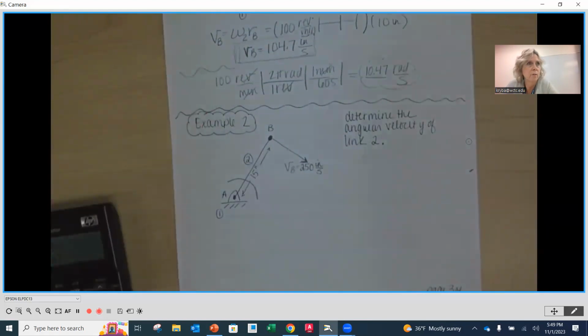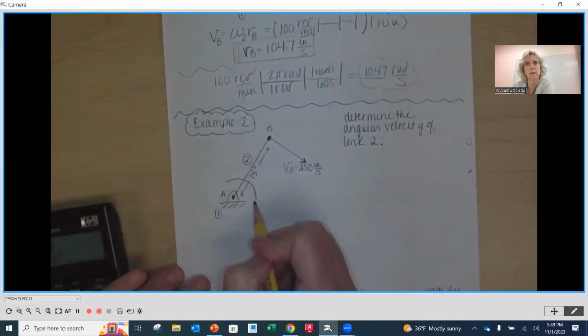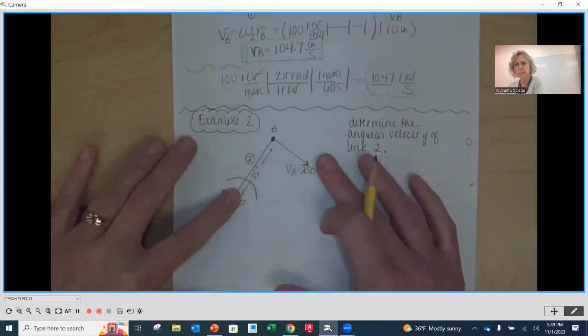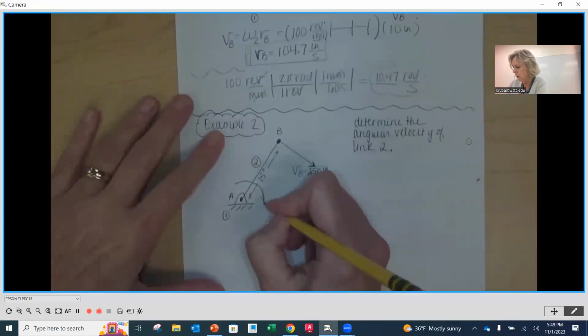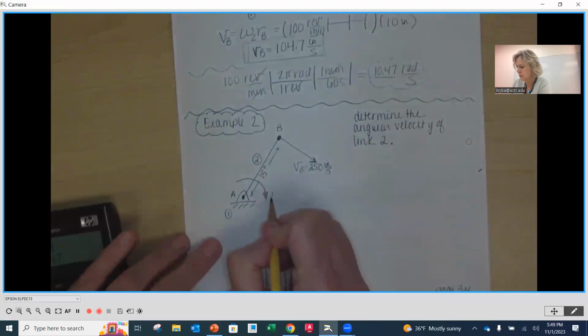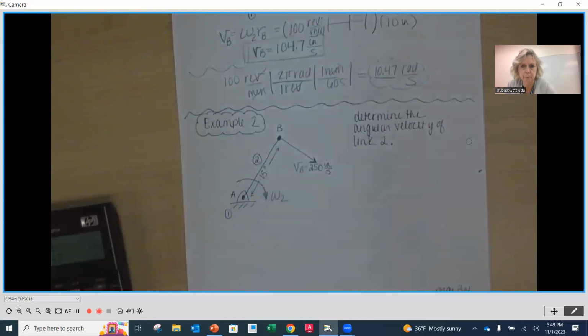As we look at the angular velocity and create our arc, which way is the rotation? Clockwise or counterclockwise? Clockwise, right? We put our finger here, we pull in the direction of B, and our angular velocity will go in that same direction. So this is going to be my W2 this time. Good.